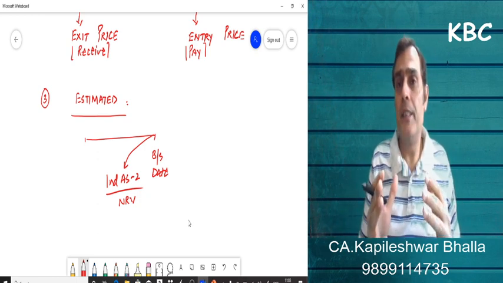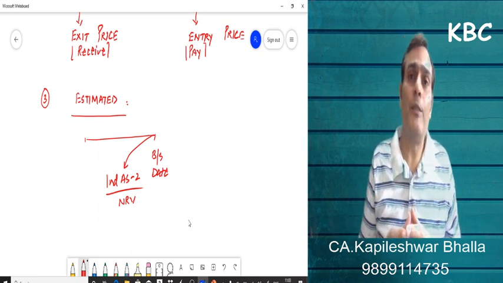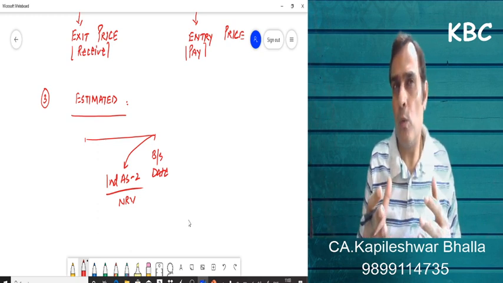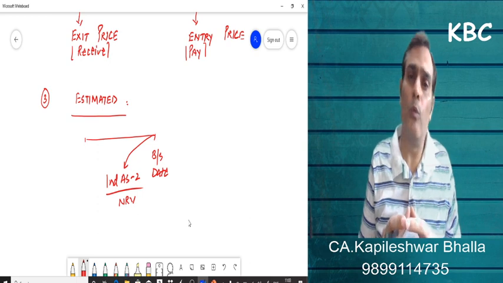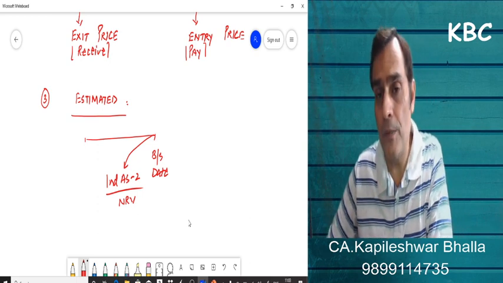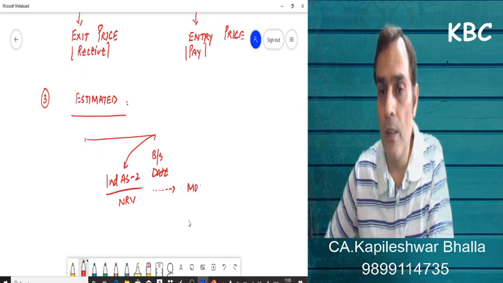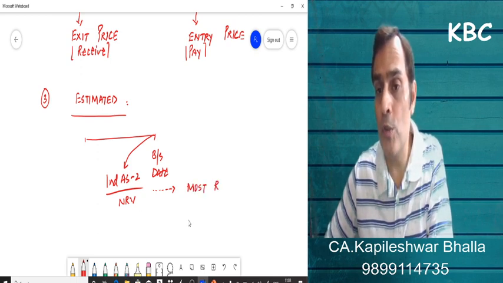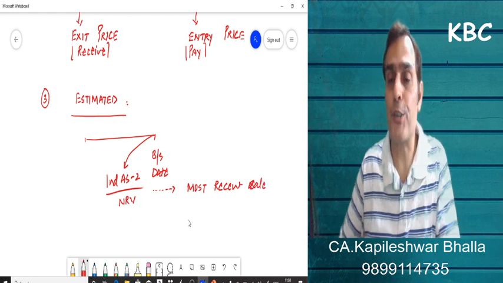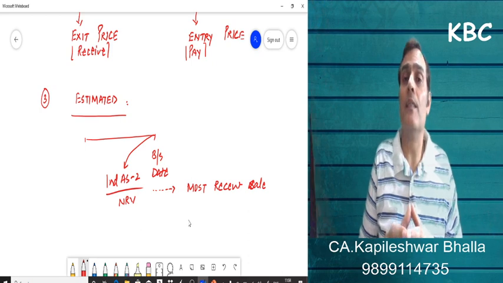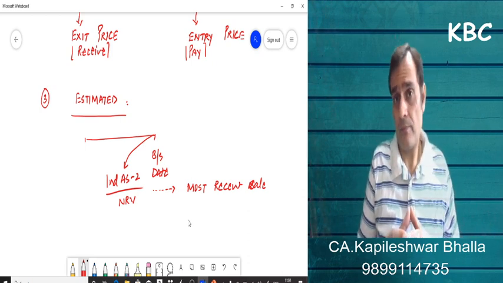We certainly determine the net realizable value on the balance sheet date, but to determine the NRV, what do we do? Well, we will pick up the most recent sale on the balance sheet date, and we will take that recent sale as a base to calculate the net realizable value.